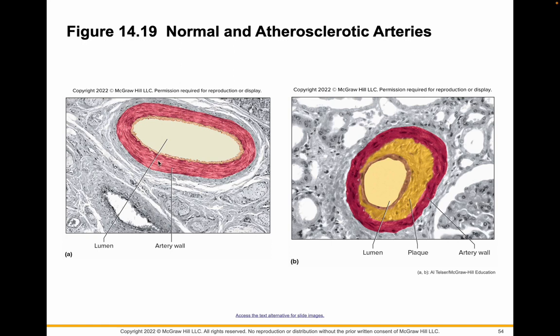Atherosclerosis is this buildup of a plaque due to high cholesterol, usually in the diet, that eventually goes into the blood. So this is what a normal artery looks like. Here's the artery wall, and here is the lumen, the space in which blood can flow. Notice when you start building up this plaque due to atherosclerosis, the wall is pushed against, but what changes the most? The space that the blood can flow through.